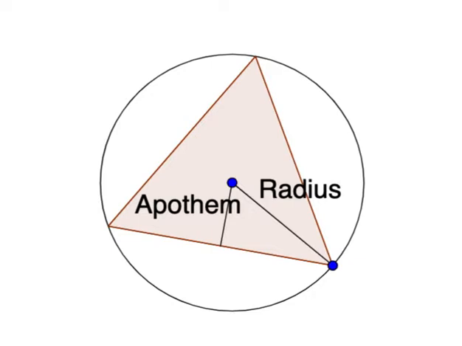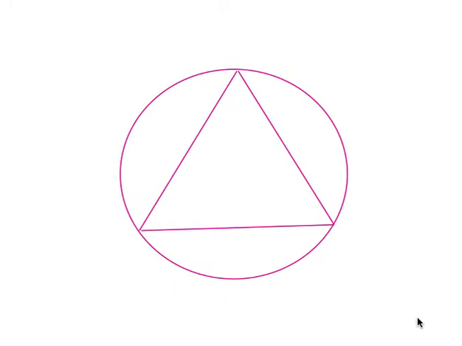I'm going to talk about how do I find, just to answer a few questions that you might be seeing in regards to area of regular polygons, right here you can see I have a regular triangle, an equilateral triangle inscribed again in that circle.